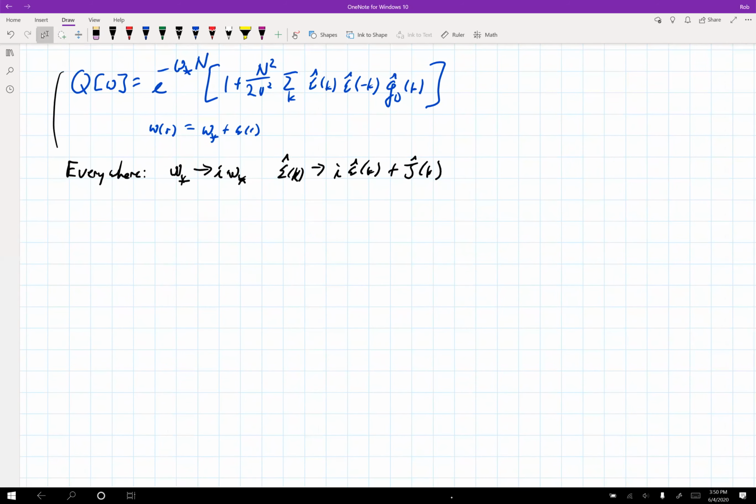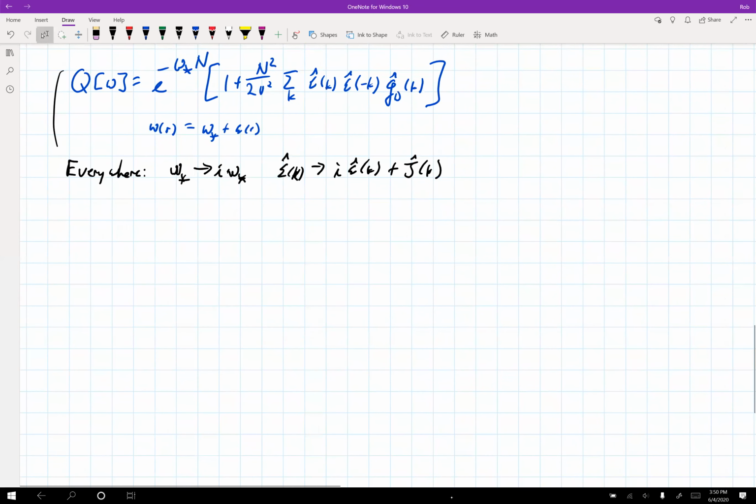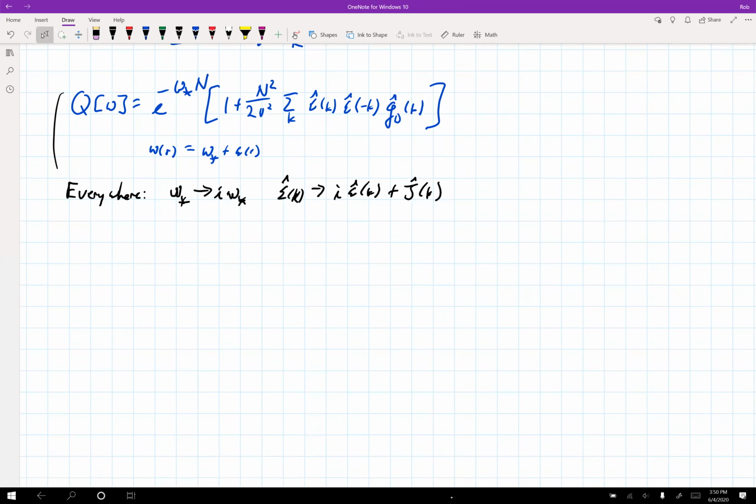All right, so when we do that, obviously the equations are going to get a little bit more horrific. So we plug that in and we get e to the minus I W star n. Then we'll have 1 plus n squared over 2v squared sum over k.